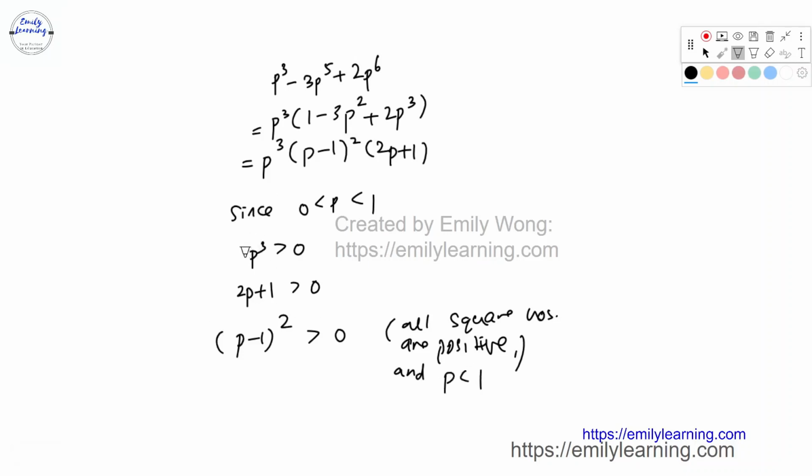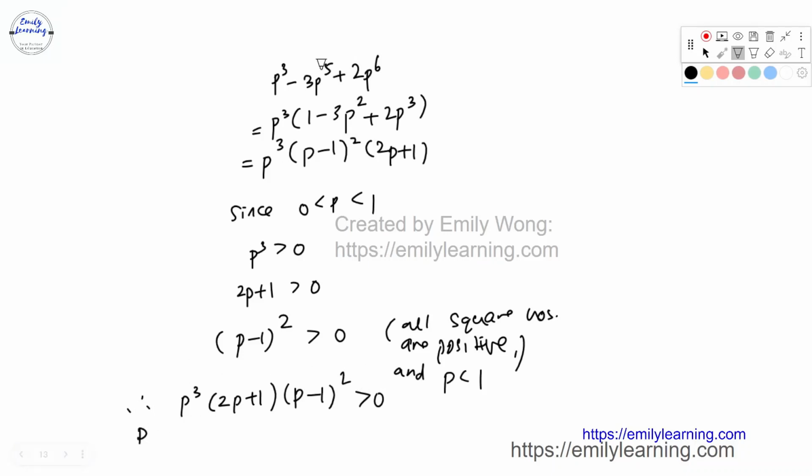So I know that p cubed is more than 0, 2p plus 1 is more than 0, p minus 1 squared is more than 0. So when you multiply 3 positive values together, what do you get? You get a positive value. So we know that p cubed times 2p plus 1 times p minus 1 squared will be greater than 0.